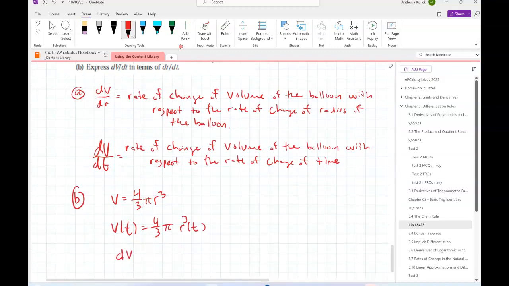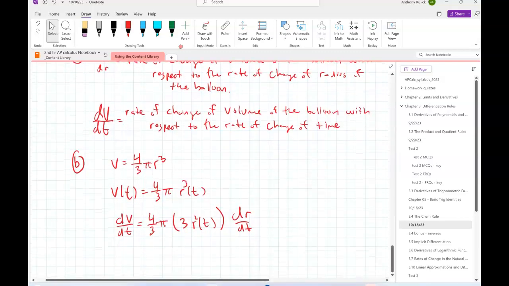So dV/dt would be 4/3 pi times 3 r of t squared times dr/dt.